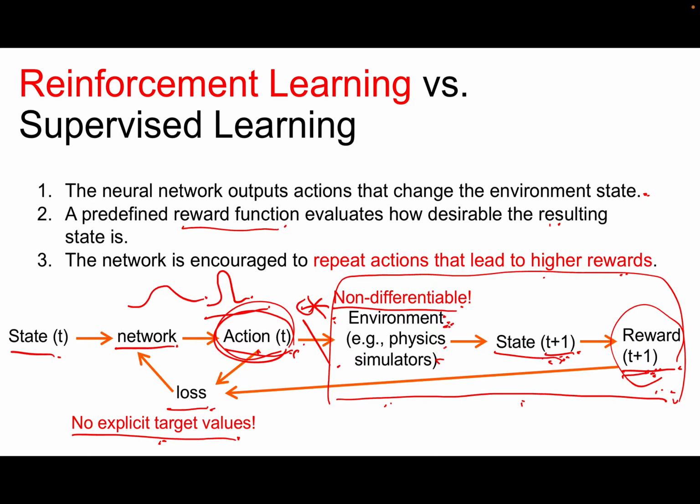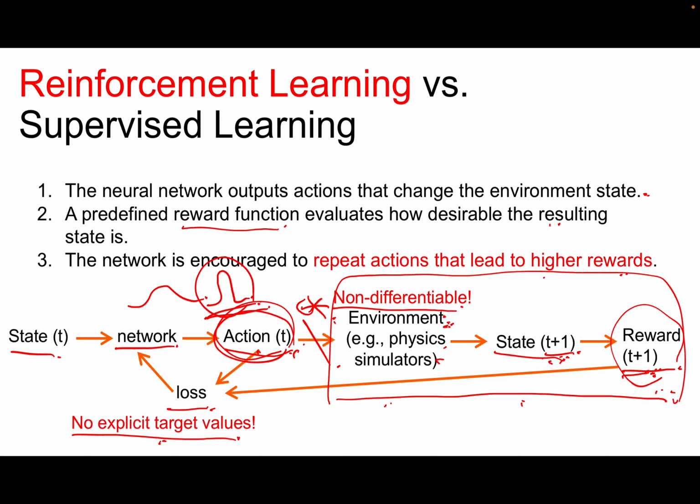But in some bad cases, all actions have bad reward. Then we cannot train the neural network, because we need to let the network produce some actions that lead to higher reward. Especially when the standard deviation is too small, the network cannot explore the action space, so we cannot find actions with higher reward.